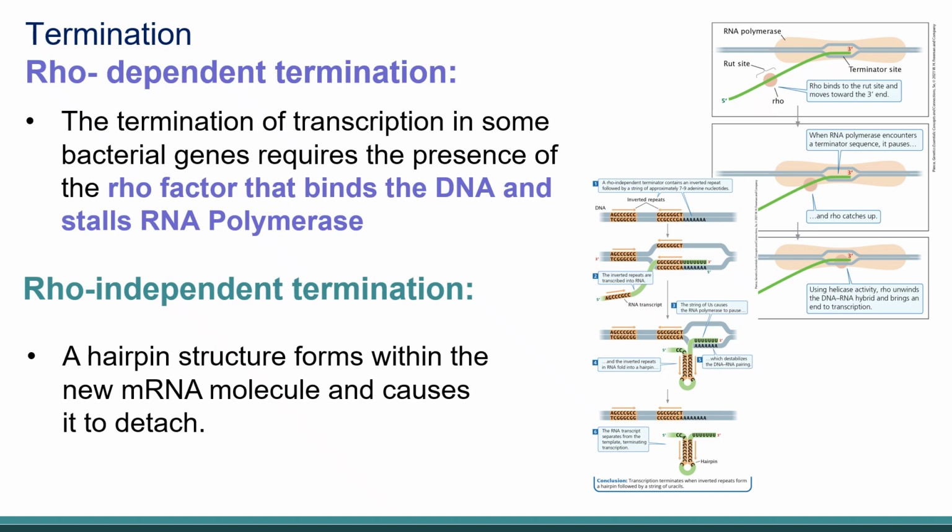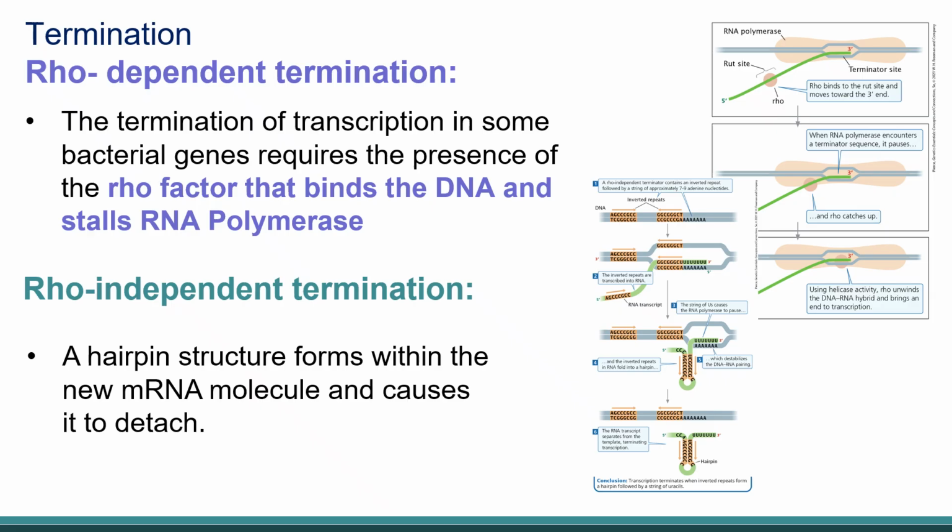So finally, we reached the end of our RNA coding region. And in bacteria, there are two different ways that transcription is terminated. The first is called rho-dependent termination. Rho-dependent termination requires something called a rho factor.